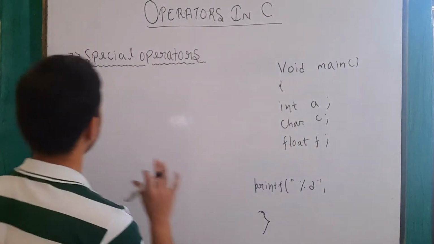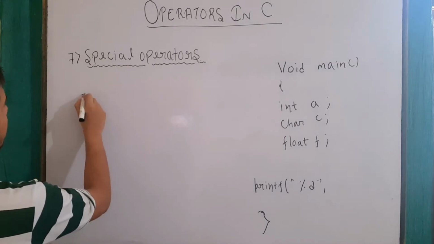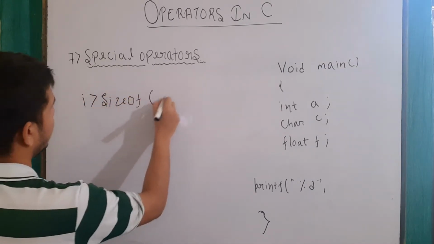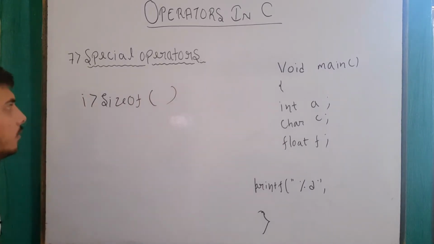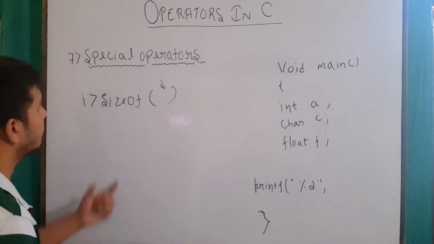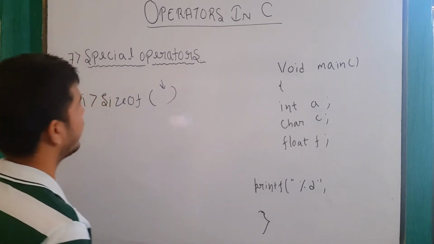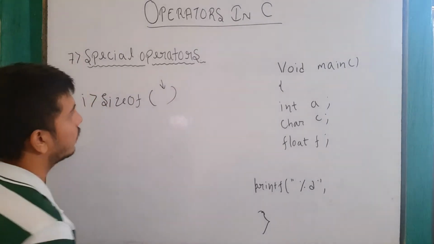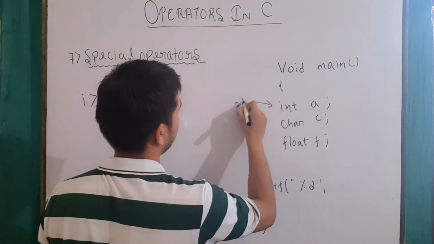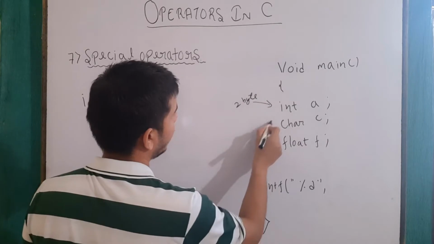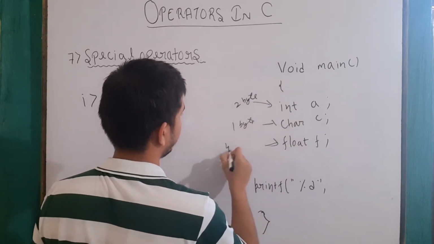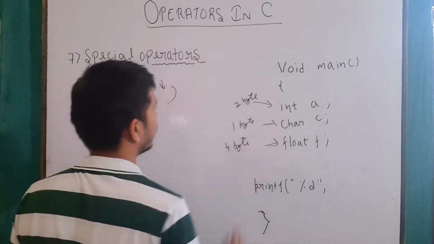Now in special operators, first of all we see the sizeof operator. Whatever I give in its parentheses, it gives me the size of that variable or that constant. For example, let's say here an integer is 2 bytes, a character is 1 byte and a float is 4 bytes.